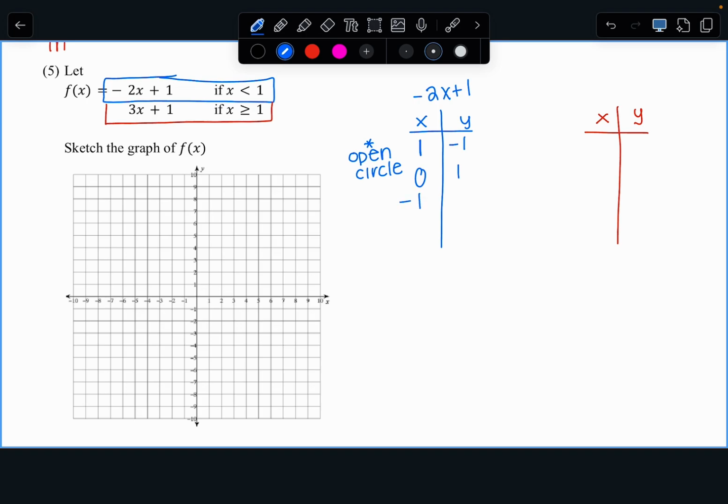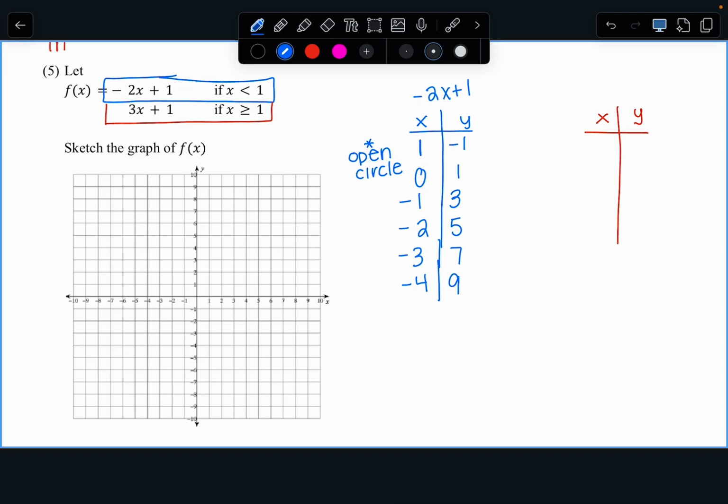If we plug in negative 1, we get 3. Negative 2, we get 5. Negative 3, we get 7. Negative 4, we get 9.